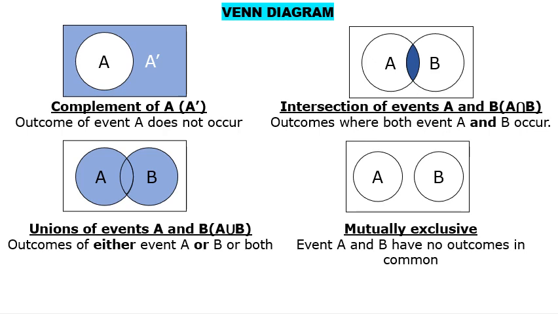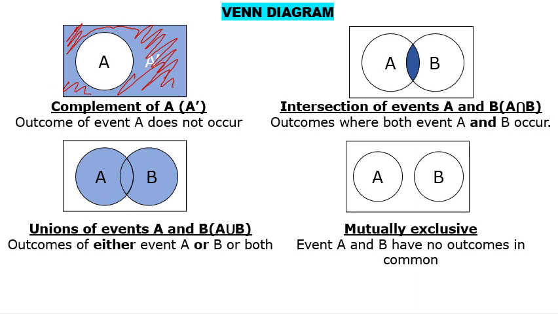So we have 4 types of diagram, which is complement of A, complement A prime. Outcome of event A does not occur. So this is the area outside the A, which is the complement. The outside of A is A complement.